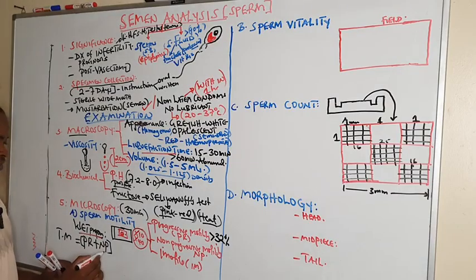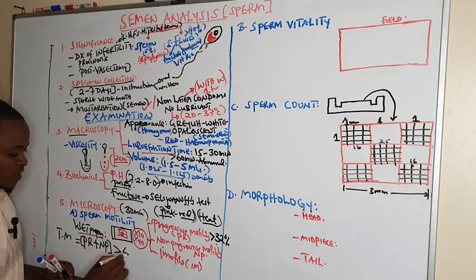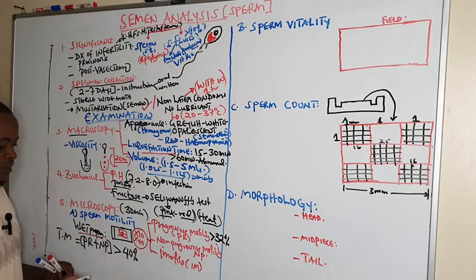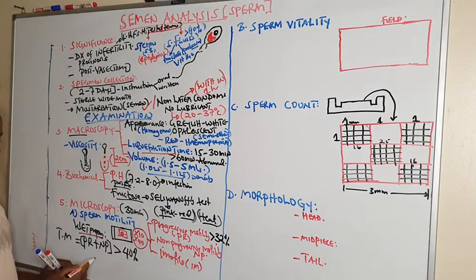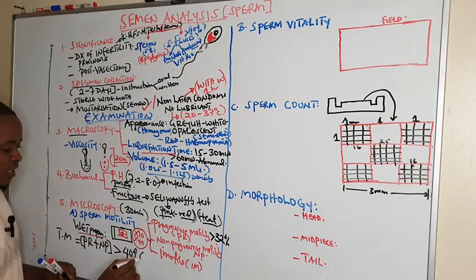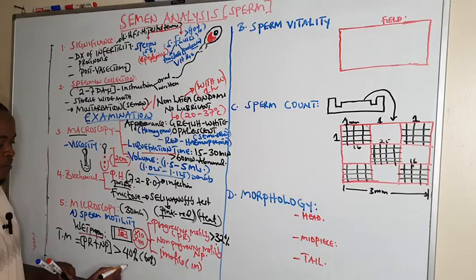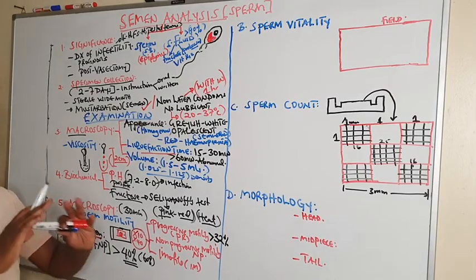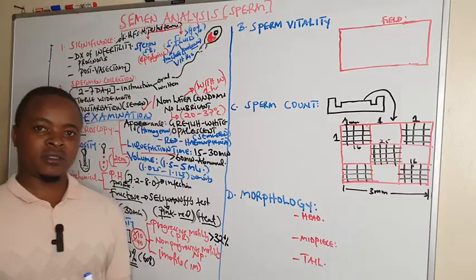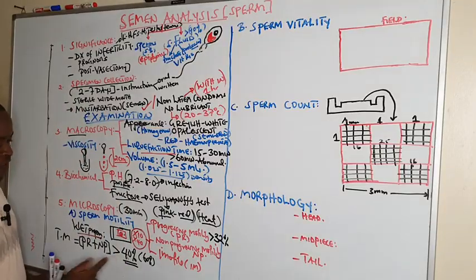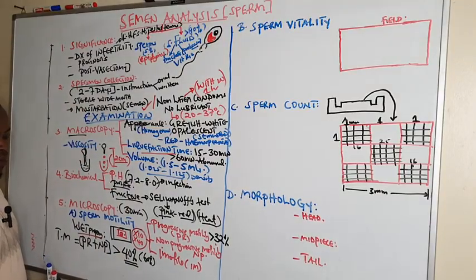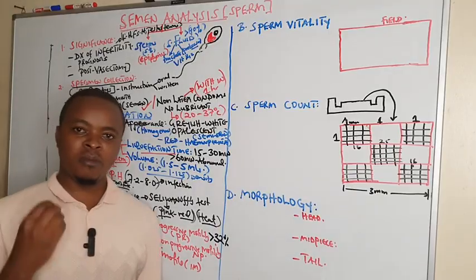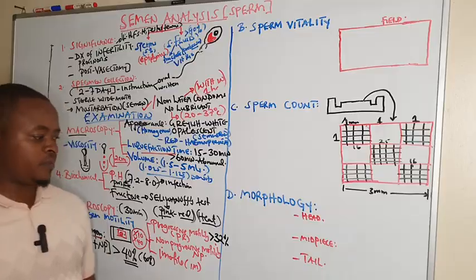And the range should be greater than 40%, though some books give greater than 60. But WHO 5th edition recommends 40%. That if you have 100% sperms, 40% should be motile for you to be fertile.